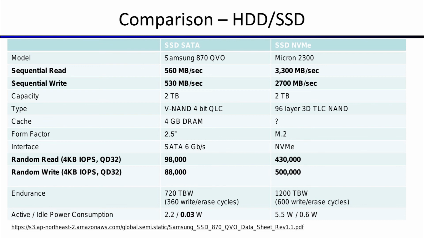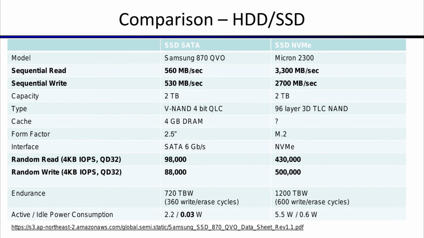The more levels you keep per cell, the worse the endurance gets. Although they don't put it out there in their numbers, 720 terabytes written on a 2 terabyte drive really means you got 360 write erase cycles for every cell.